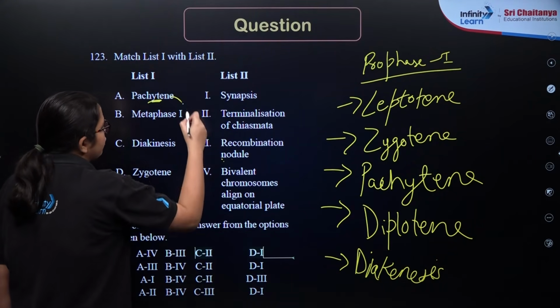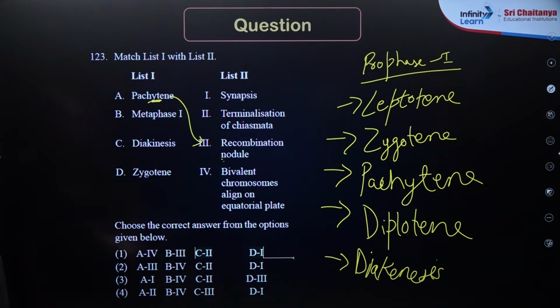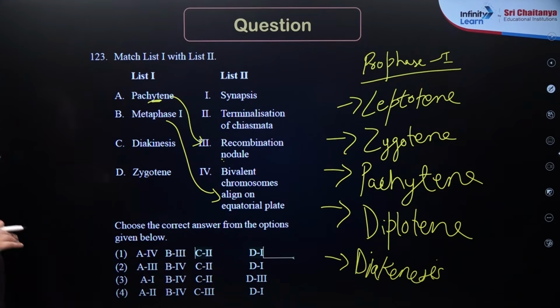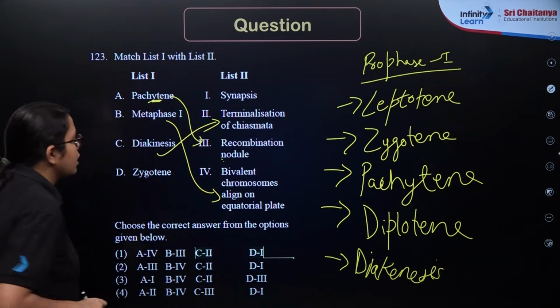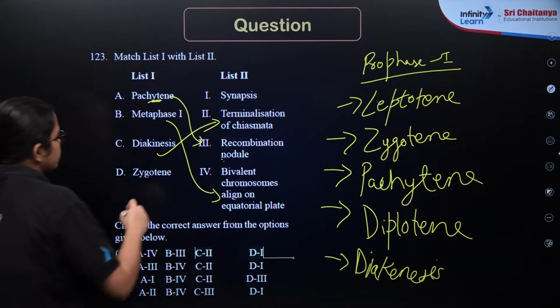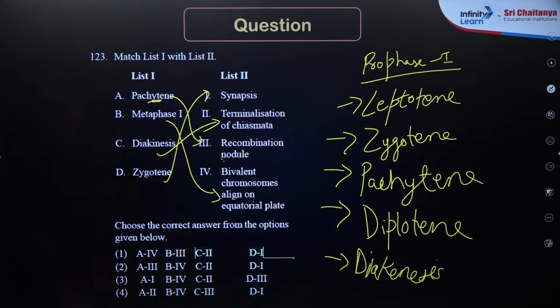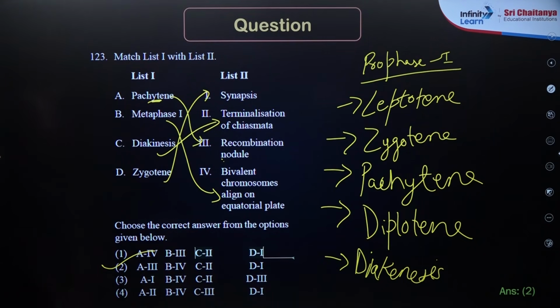Recombination, the recombination nodule is formed. Metaphase 1 is after prophase. So in metaphase, what will happen? Bivalent chromosomes will align on the equatorial plate. Diakinesis, terminalization of chiasmata, and zygotene stage leads to synapsis or synaptonemal complex formation. So what is the answer? The second match is the correct combination, okay.